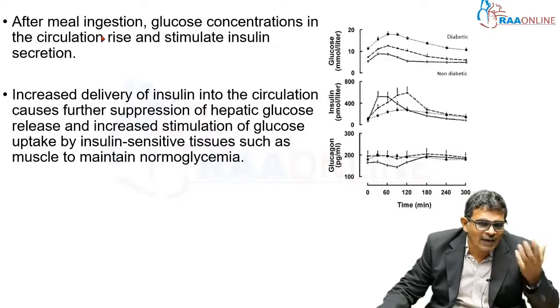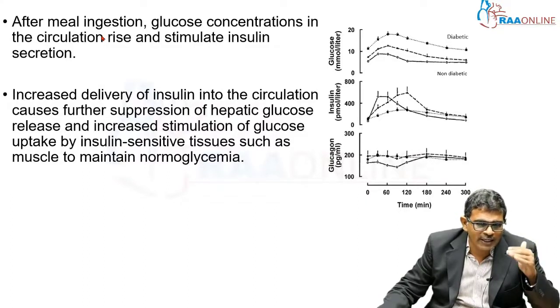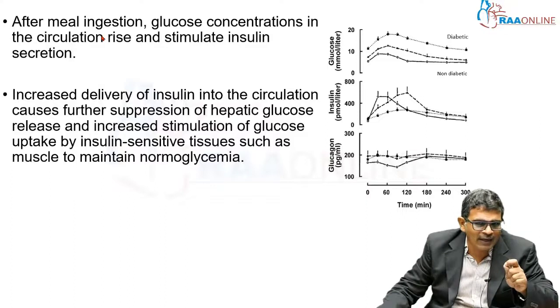The insulin secretion is in response to whatever portions of food that we had consumed, so that the postprandial blood sugar is capped. So one is basal insulin, the other is prandial insulin.